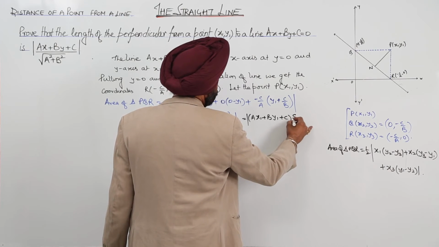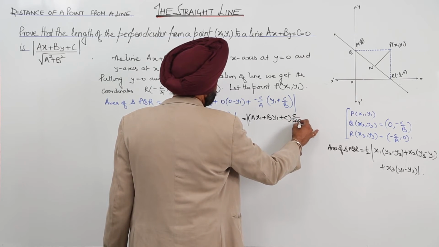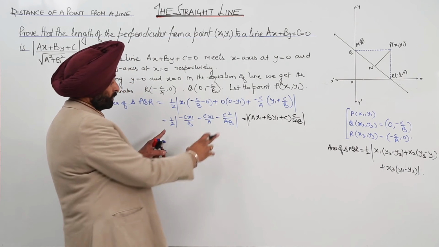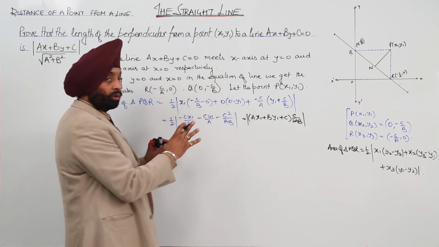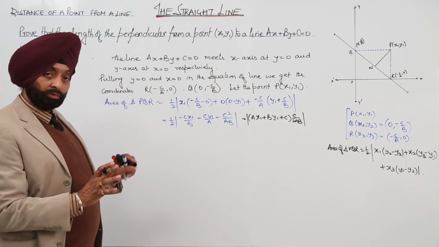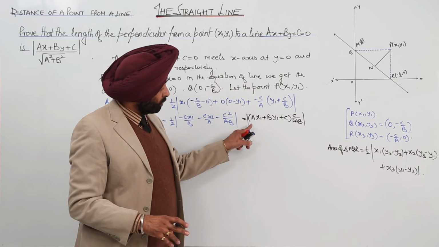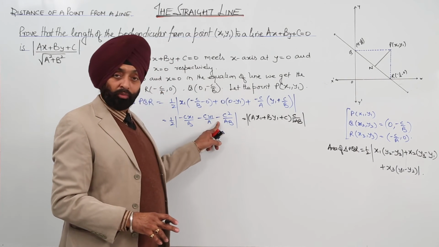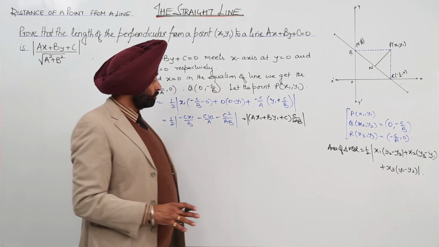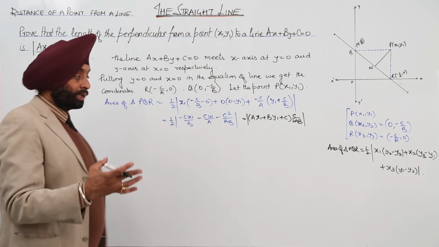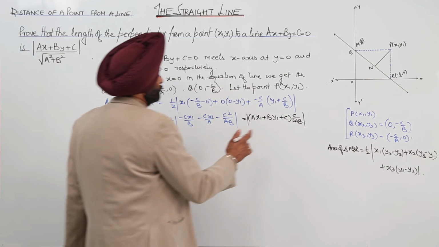Now this is in the absolute form, in the mod, so I have just deleted all the negative signs. Is it clear? Due to the absolute form, I have just taken all the positive signs. Negative is common, so negative becomes positive. If you wish you can write it here. In the next step again we are going to delete it. Okay, so let this be 1.